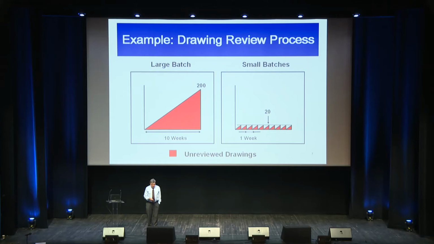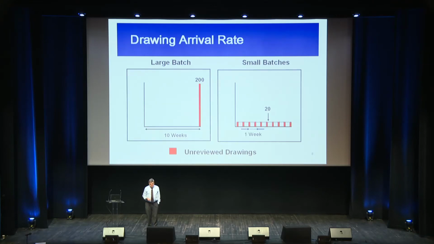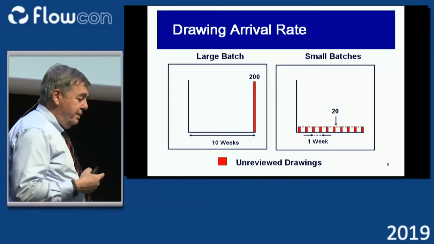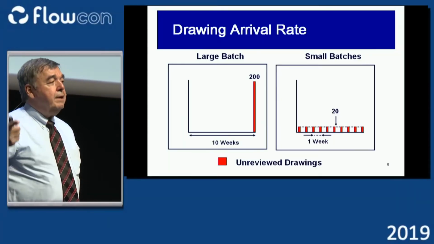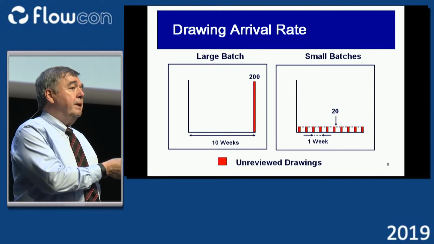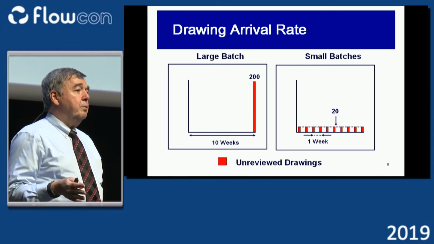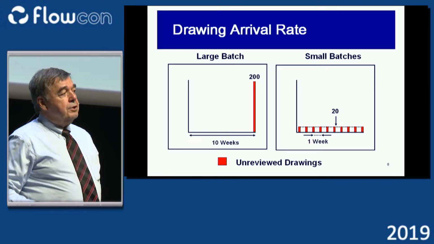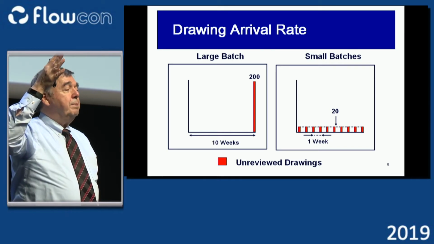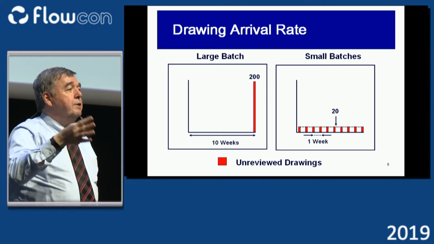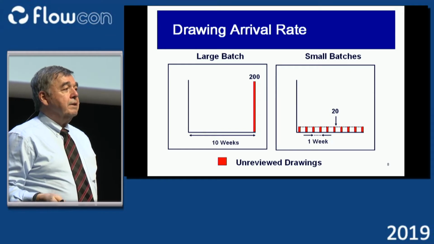Now, there's another interesting dimension of this. If you look at the rate at which drawings are delivered in the left-hand process, you end up having this large tsunami of work. The material planning people are doing nothing for 10 weeks, and then all of a sudden, 200 drawings arrive, and people say, when are you going to finish the 200 drawings, and things like that.